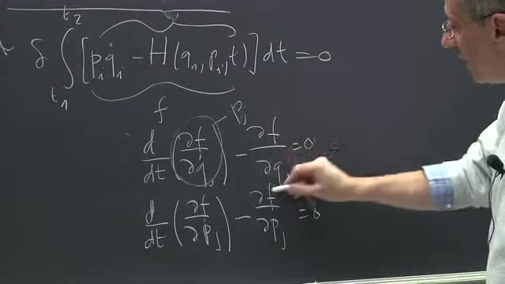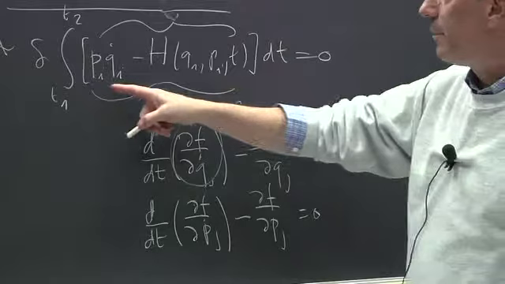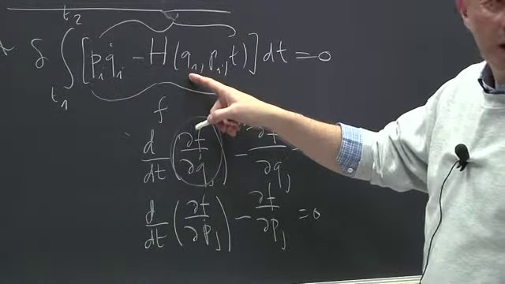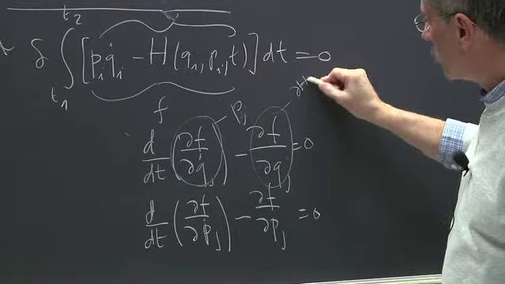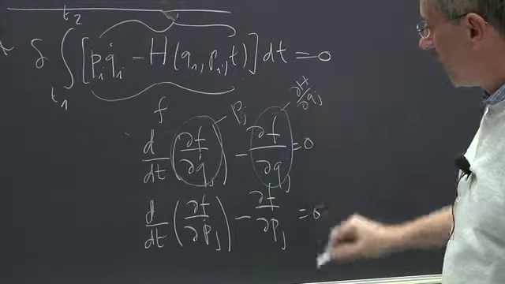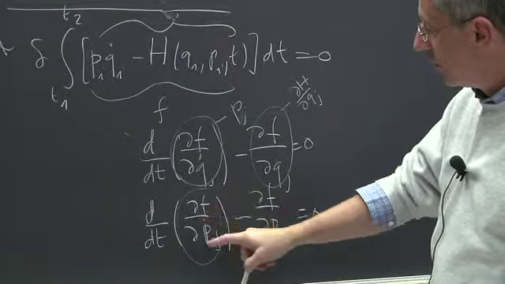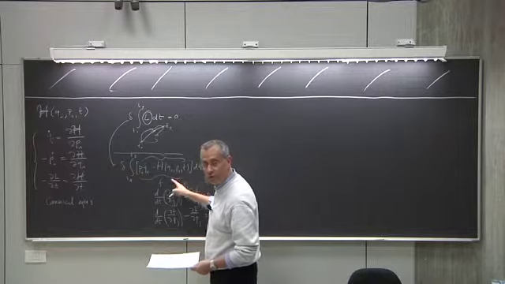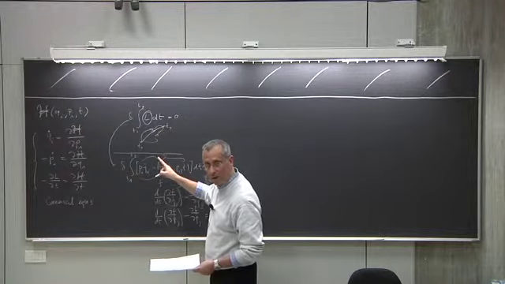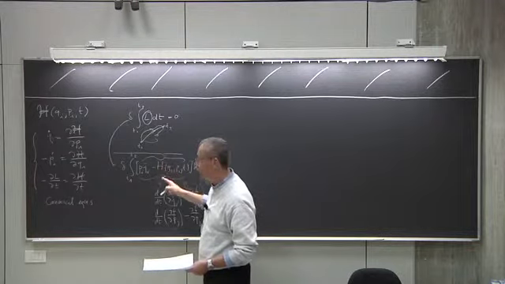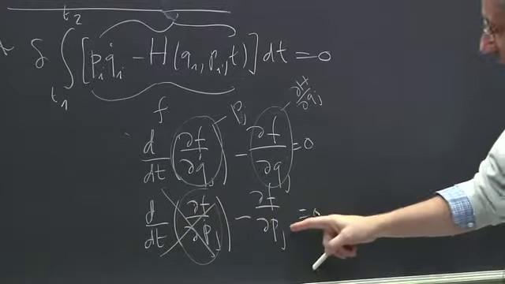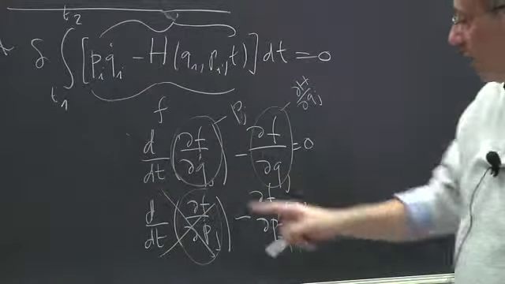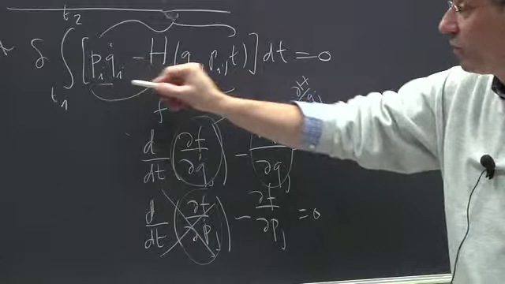And what is this? You see that the only dependence on the Q_j's is in the Hamiltonian. So this is just dH dQ_j. How about this term? There is no dependence on the P dots, because that would be the acceleration. In general, you don't have a dependence. So this is just not there. And this one has two terms.